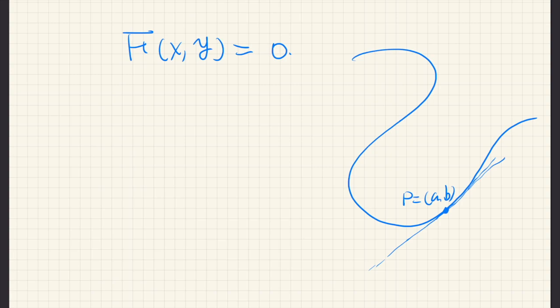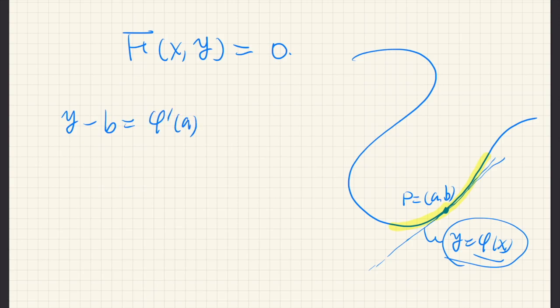If an implicit function exists around this point, then let that be phi of x. Then using the usual formula for the tangent line, we can find the equation of the tangent line, that is y minus b equals phi prime at a times x minus a.